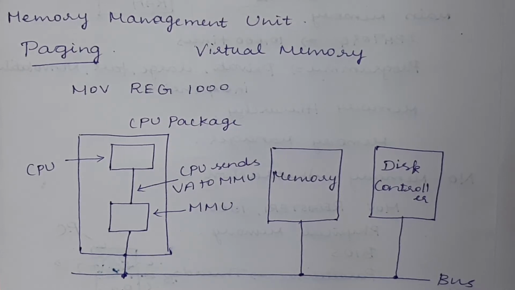This is also called imaginary memory, or logical memory. The user doesn't know what is happening inside, because all those things are taken over by the operating system itself. The swapping operation as well as the overlaying concept will all be done by the operating system.